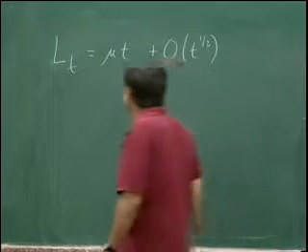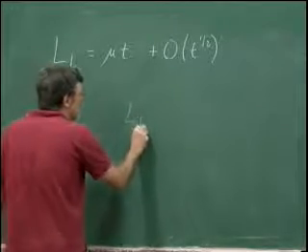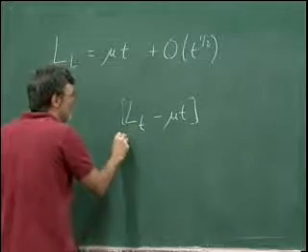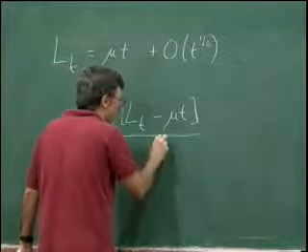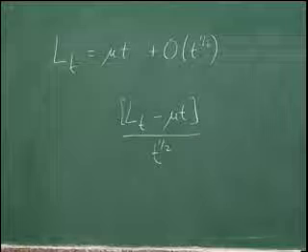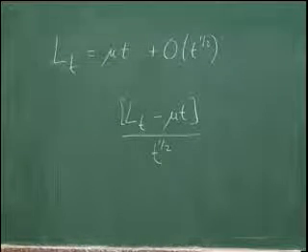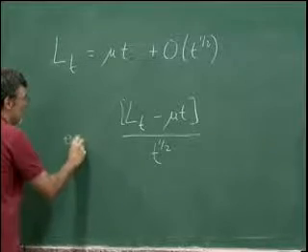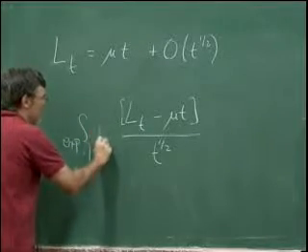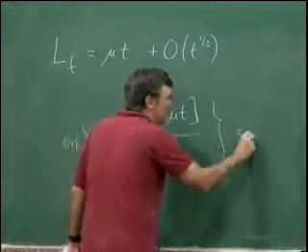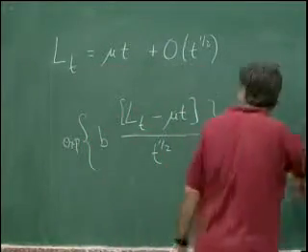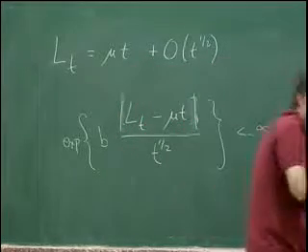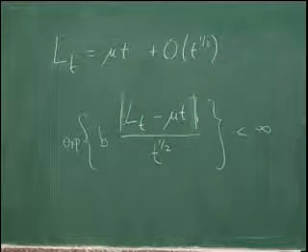So I'll just say what you can show is that if you look at L_t minus mu t over t to the 1/2, maybe let's choose t at least 1, and take an exponential moment of that, actually let's make this absolute value, we get very sharp bounds on this.